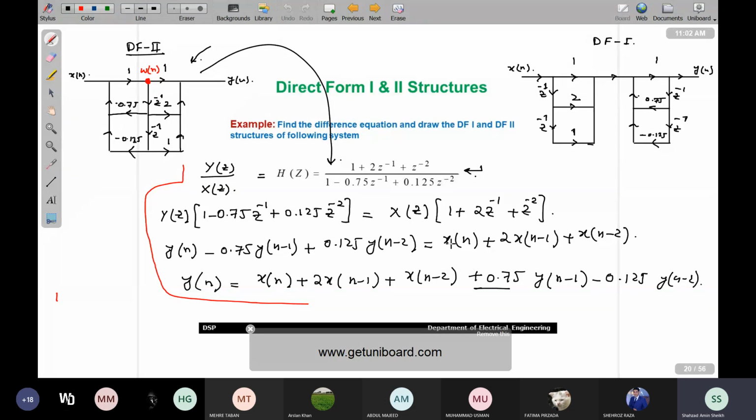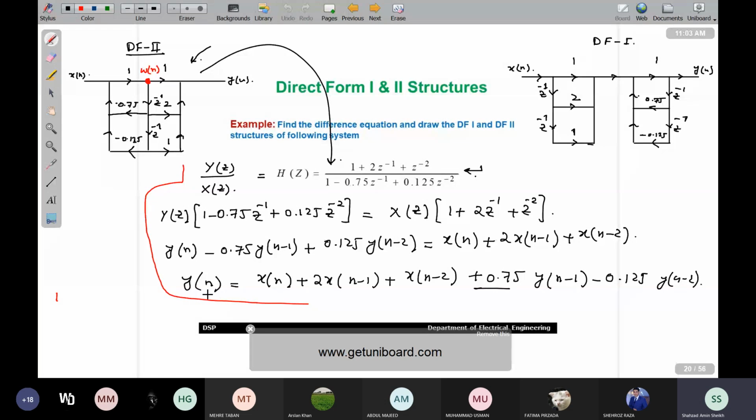And similarly on this side, x of n plus 2x of n minus 1 plus x of n minus 2, and this is the standard format that y of n will be equal to x of n plus 2 x of n minus 1 plus x of n minus 2 plus 0.75 y of n minus 1 minus 0.125 y of n minus 2. Now this is your difference equation, and you can directly write the direct form 1 or direct form 2 from here as well.